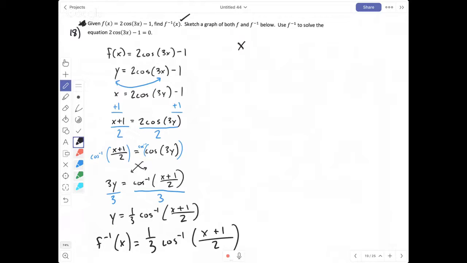And then after the x's, I'm going to want to know what are the 3x's. And then the cosine of 3x's. And then the 2 cosine of 3x's. And then the f of x's, which are the 2 cosine of 3x's minus 1's.